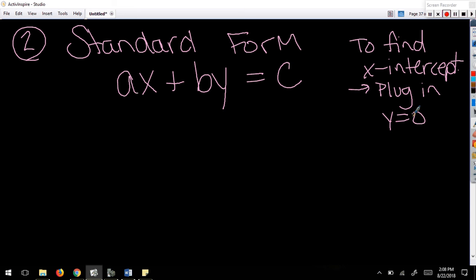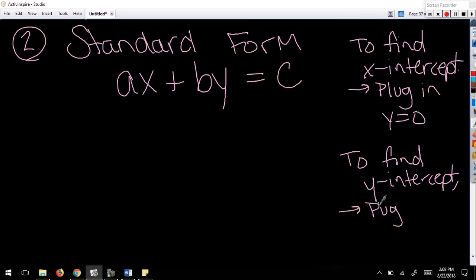That's going to tell us where it crosses the x-axis. Then in the same thought, to find the y-intercept, what do you think we're going to plug in? Yep, absolutely. Then we're going to plug in x equals 0. And those are going to tell us the two, and because we only need 2 points to graph a line, those are going to give us the 2 points that we're going to connect.